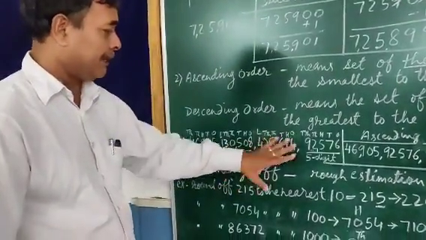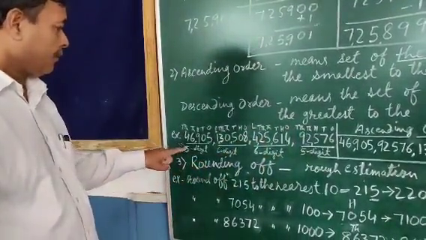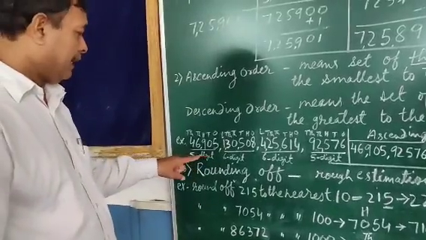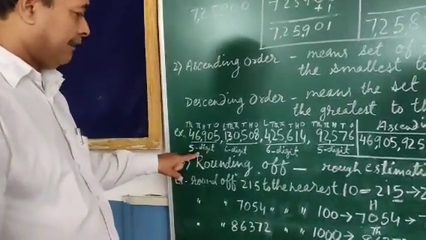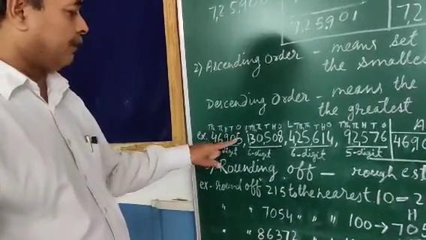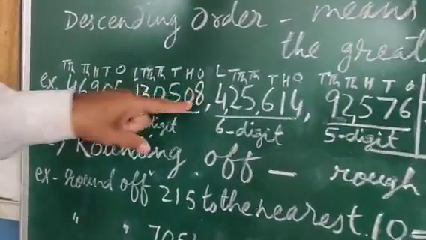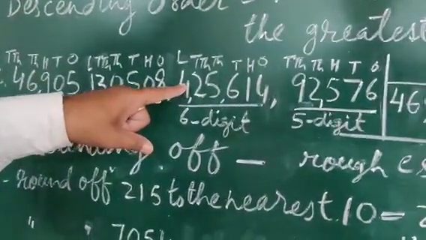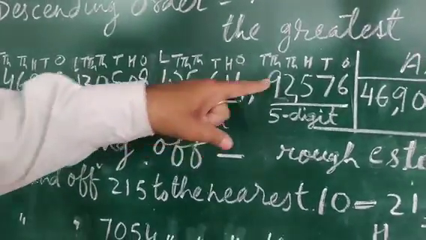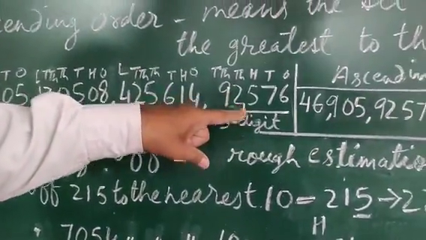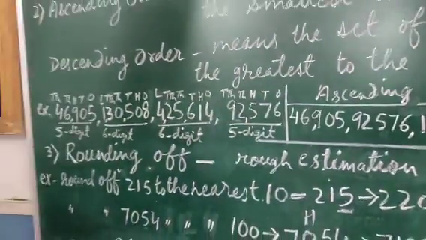The 4 numbers that I have taken, among them the first number contains 5 digits, 1, 2, 3, 4, 5. Second number contains 1, 2, 3, 4, 5, 6 digits. Third number contains again 6 digits, and the fourth number contains 5 digits.